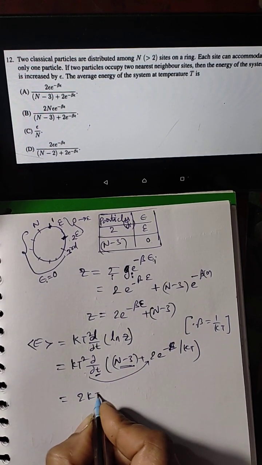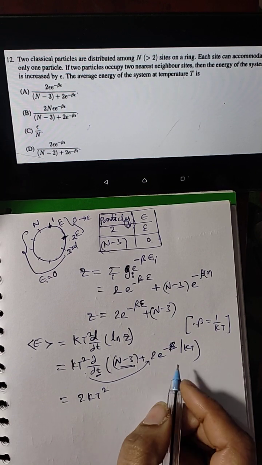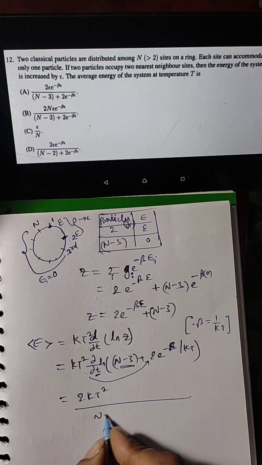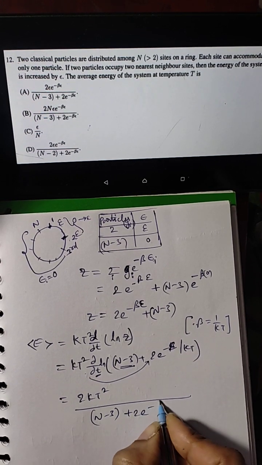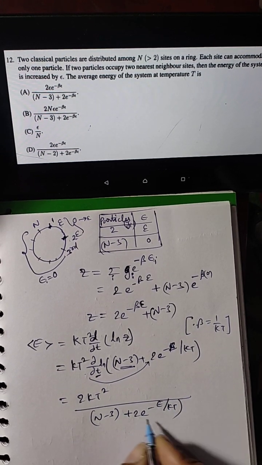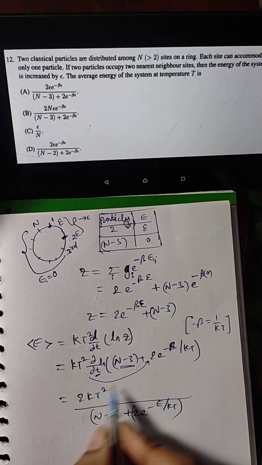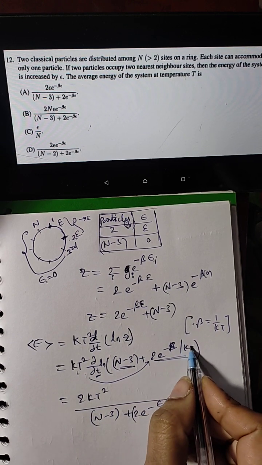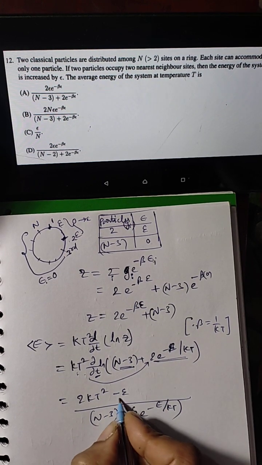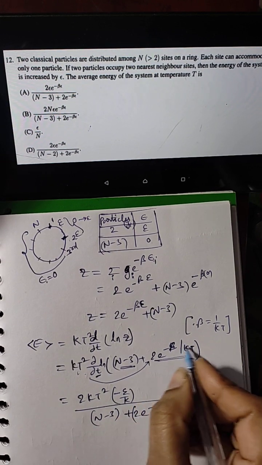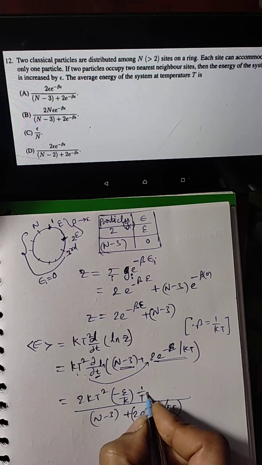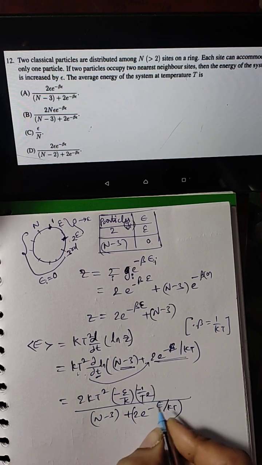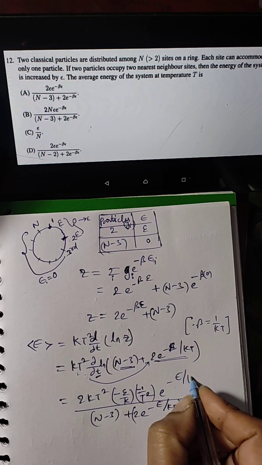The n minus 3 is constant, so its derivative is 0, and remaining these two. So here kT square times the differentiation. There is ln Z, so it will all come in the denominator, E by kT. Differentiating with respect to T, minus E by k, differentiation of 1 by T is minus 1 by T square, e power minus E by kT.